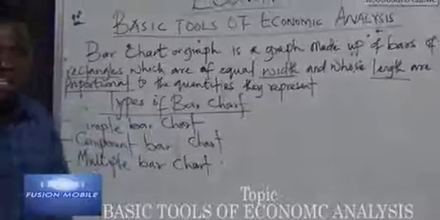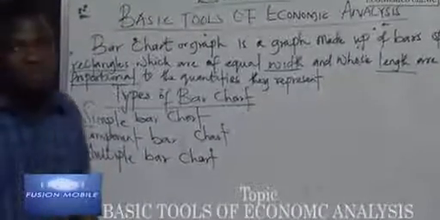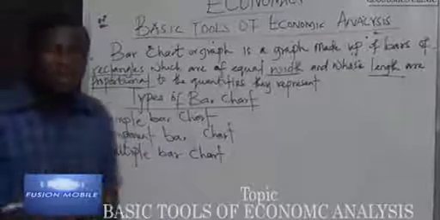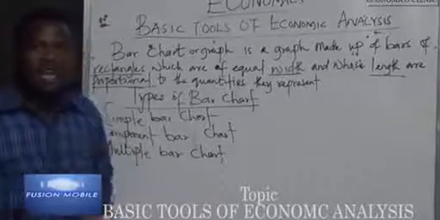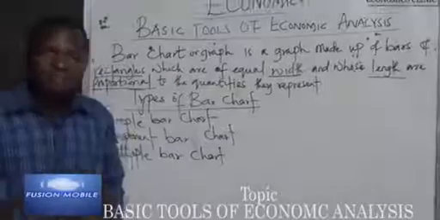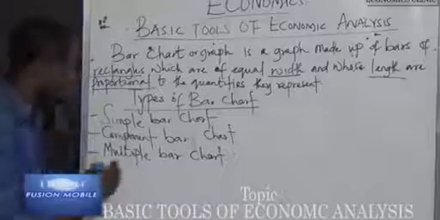Take for instance, in the information provided by the table, you have various quantities. That is how it will determine the length of every bar.